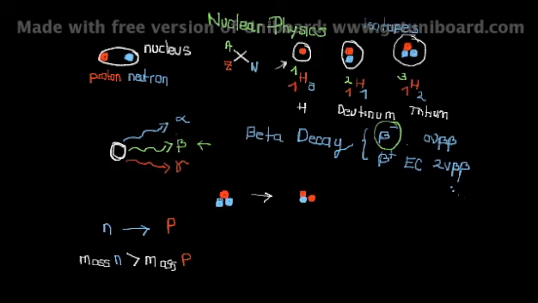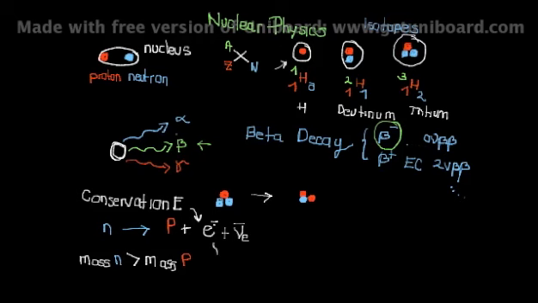Therefore, in order to have the conservation of energy, we require to add something, that is, an electron, plus something new, an antineutrino of the electron.